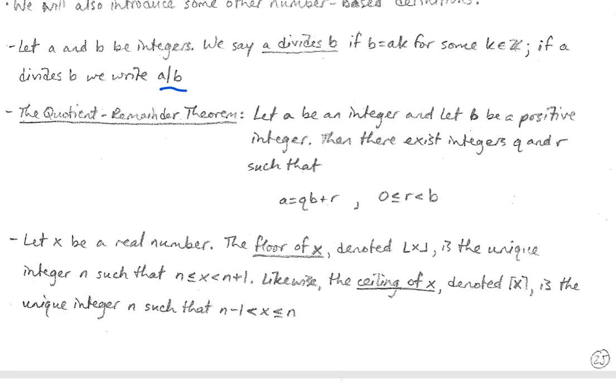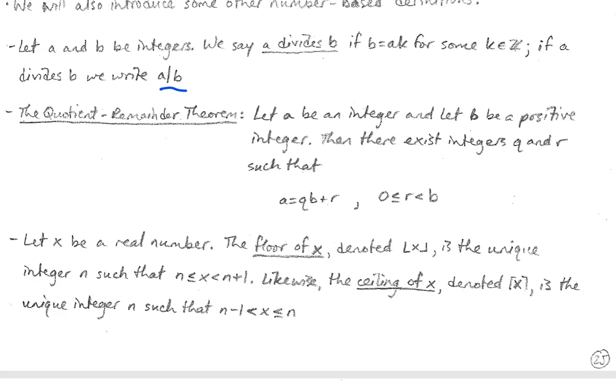Similarly, the ceiling function, or the ceiling of x, is denoted with an x inside what appears to be an upside down capital L, and then a backwards and upside down capital L. The ceiling of x is the least unique whole number n that is greater than or equal to x.